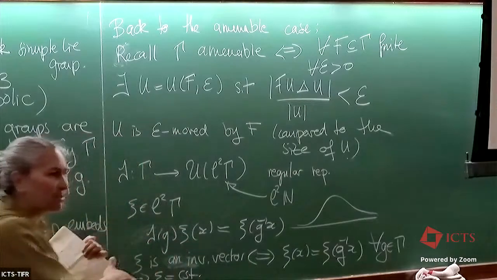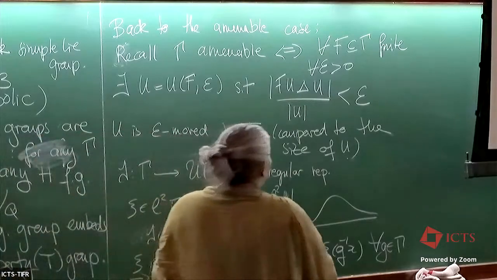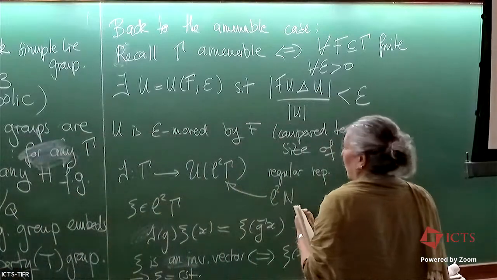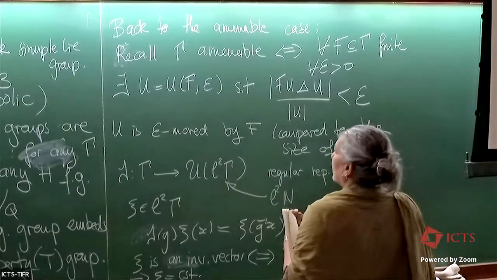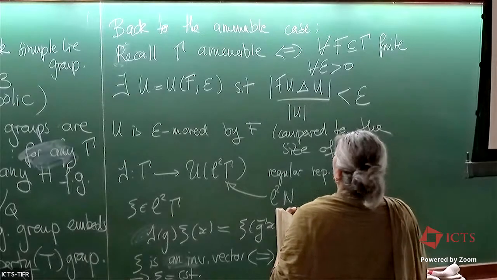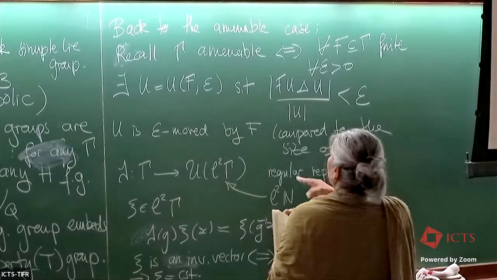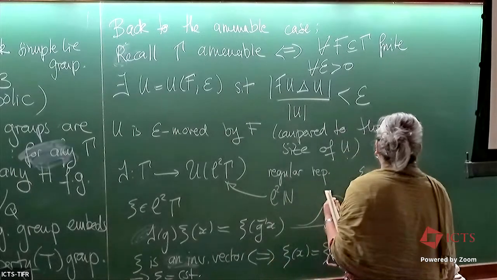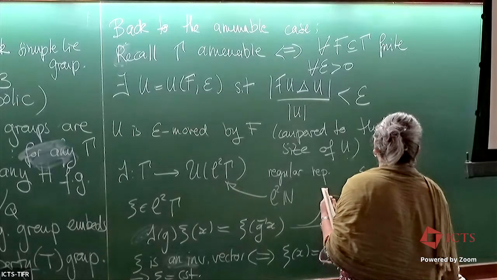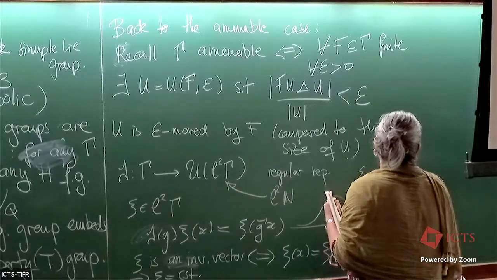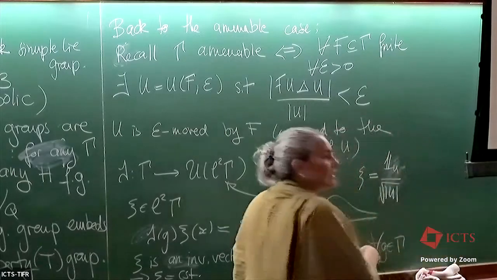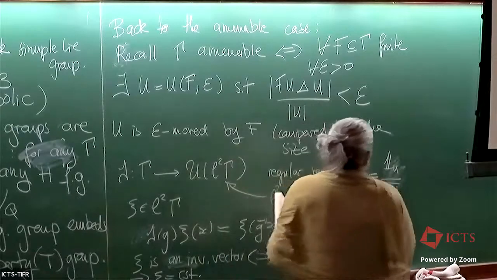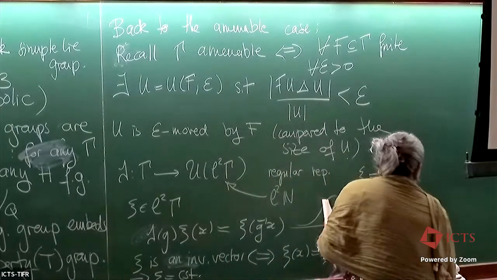I'm just coming back to this, and then you can check that the almost invariant vectors are going to be given by the characteristic function of U divided by square root of |U|, and this is going to be your almost invariant vectors.